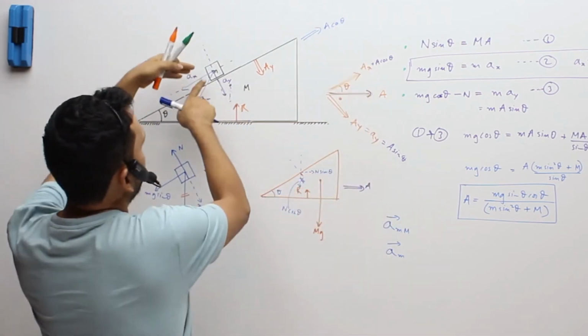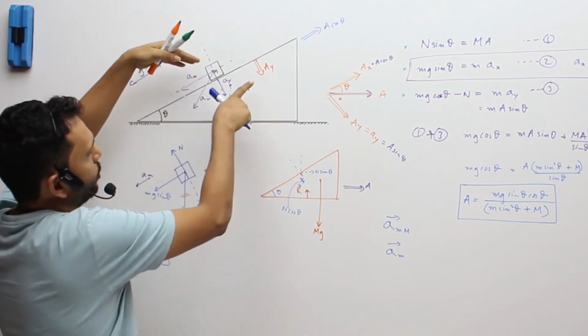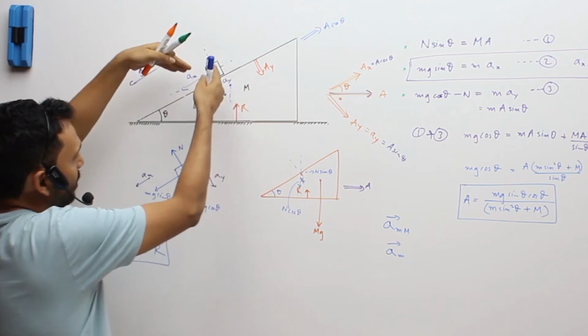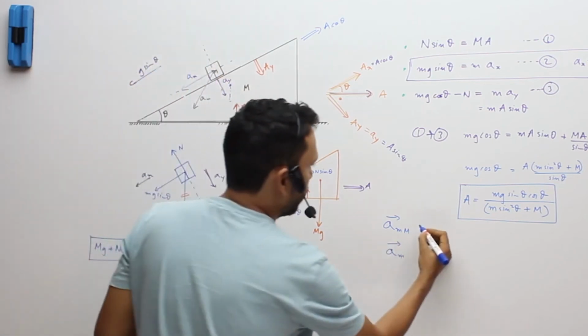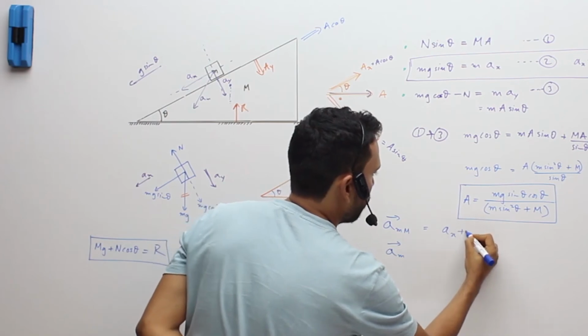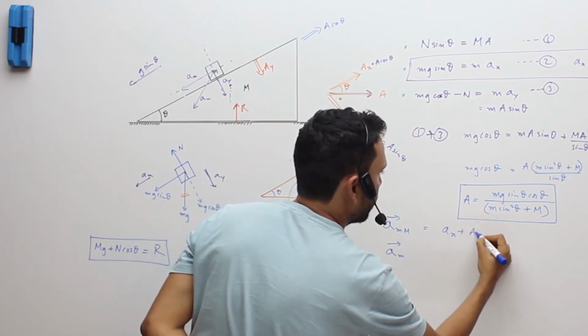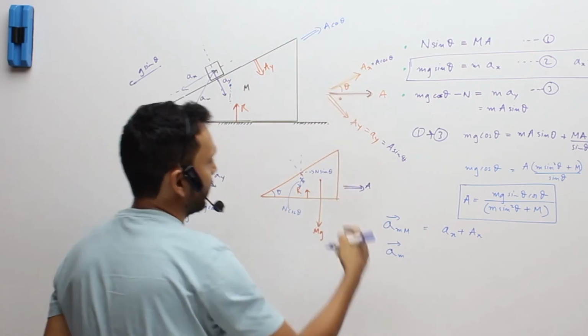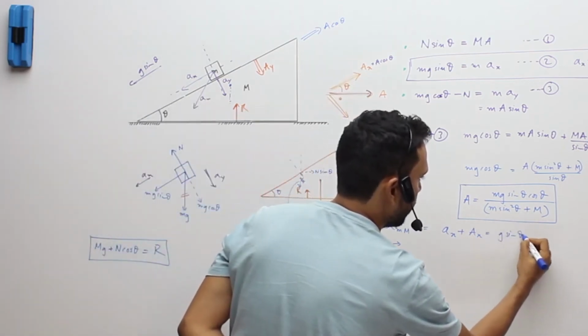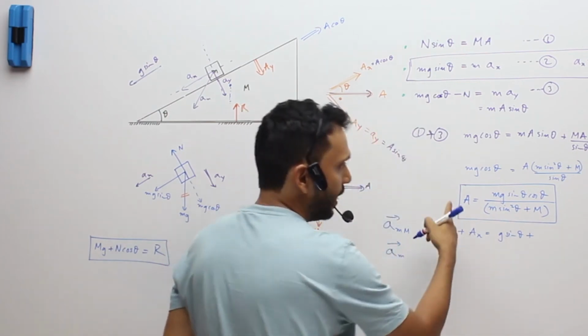So what is the acceleration of this block with respect to the wedge? With respect to the wedge, as if the wedge was stationary, this must be going down with small ax plus capital A in the x direction. So that is equal to your g sine theta plus A cos theta.